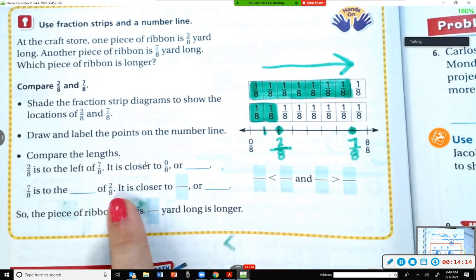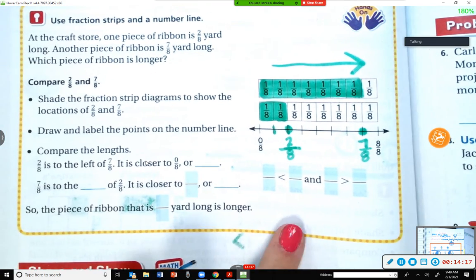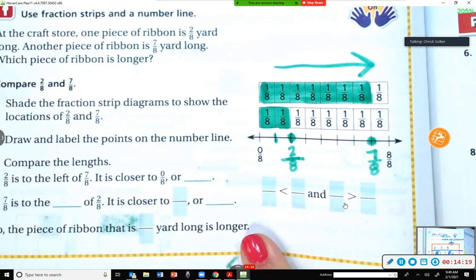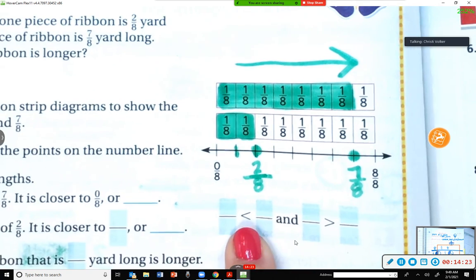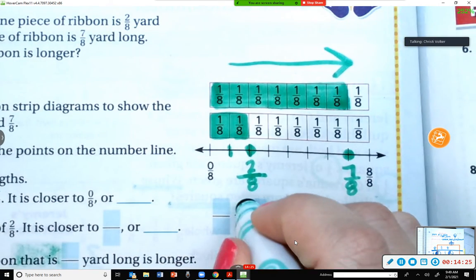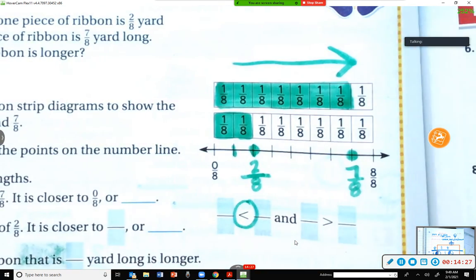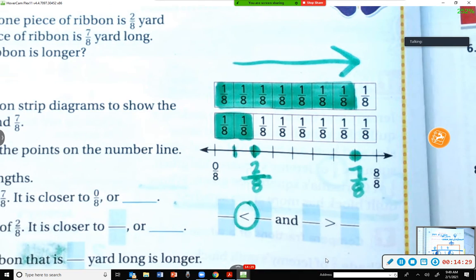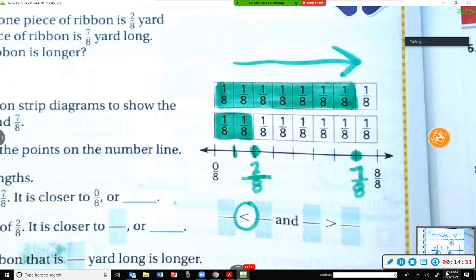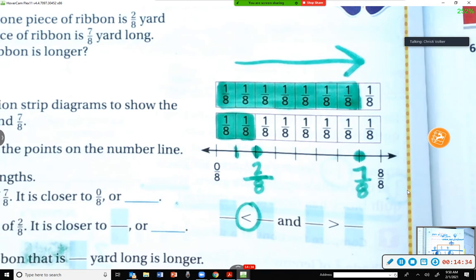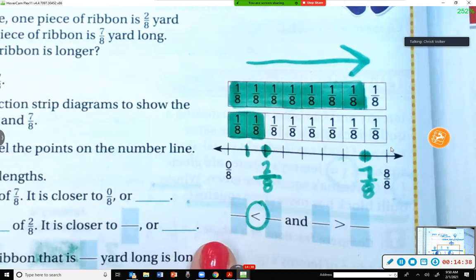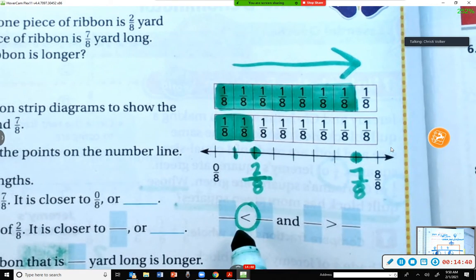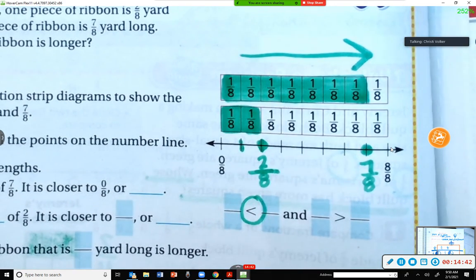Okay? So now we need to compare them. Go over here underneath the number line where it has the symbols already for us. How would I read this symbol right here? Bryson, you know? Less than. So which fraction is less? 2/8.